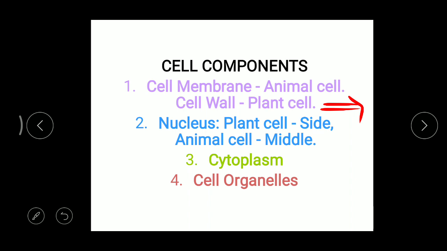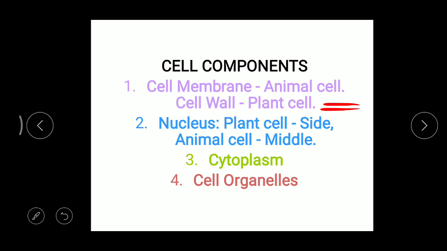Is that clear? Don't get confused. In an animal cell, the cell membrane or plasma membrane is the outermost layer. But in a plant cell, the cell membrane is present, but it is again covered by the cell wall, right?